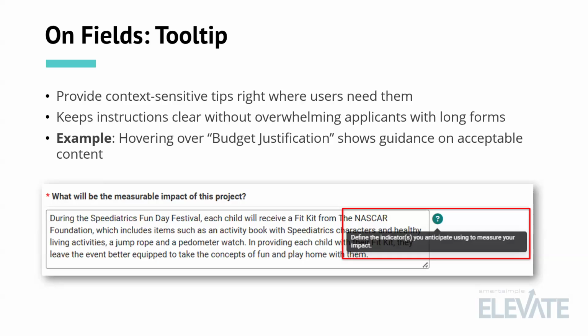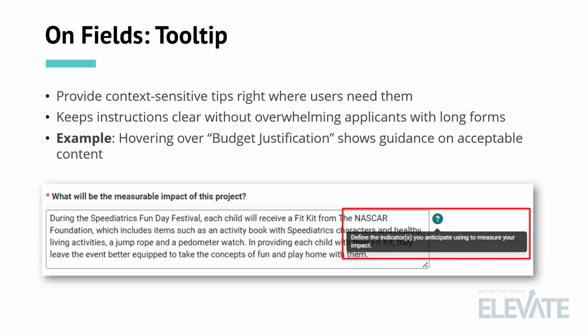Something else that we could do on fields is tooltips. So similar to the instruction boxes, tooltips appear right next to the right side of the field, right? In this question mark that you see here, and we call them our micro helpers, just because that small i can carry huge value. It tells applicants what kind of response you're expecting, what to avoid, or maybe what a good answer looks like.